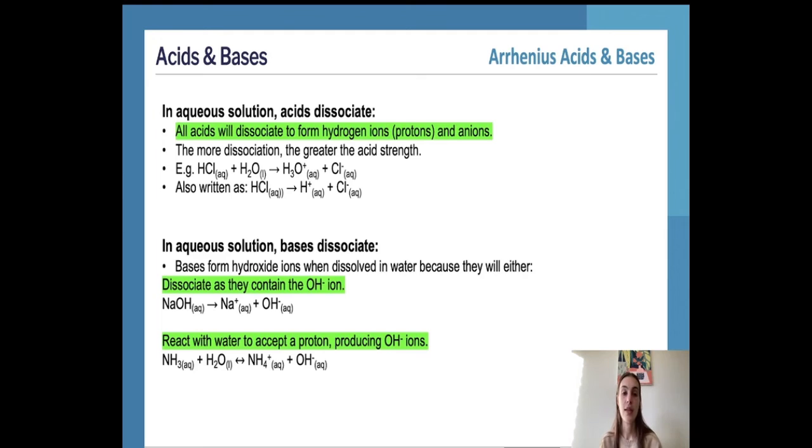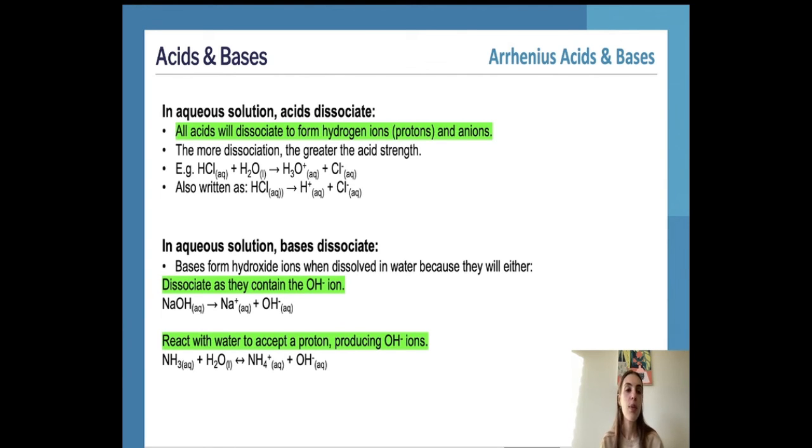And so that you are hopefully well prepared for this topic. In aqueous solution, acids will dissociate. So acids are going to dissociate to form hydrogen ions, which we can otherwise call protons, and anions. And so the more dissociation, the greater the strength of the acid will be.